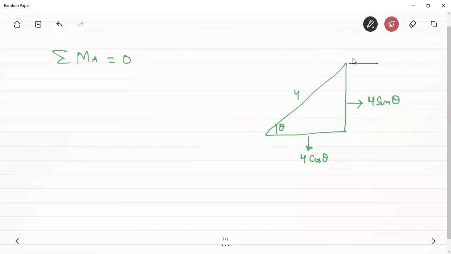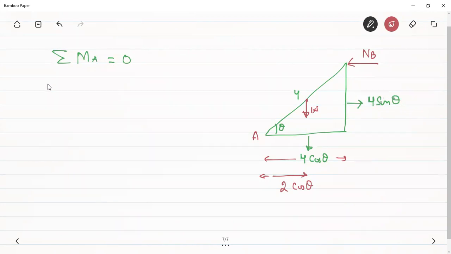NB is acting here. Therefore, the force arm for the NB force will be 4 sine theta, and for the weight it will be half of this. If this complete length is 4 cos theta, then half will be 2 cos theta. So the summation of the moments about A should be equal to 0.